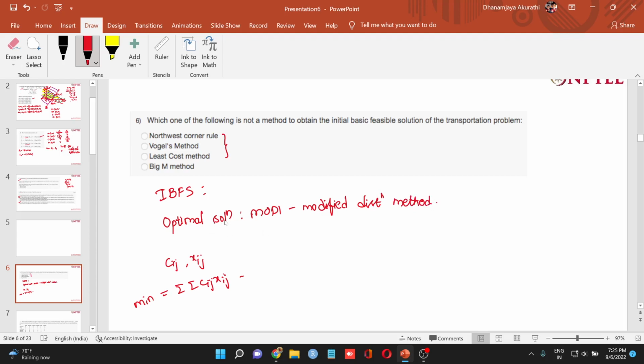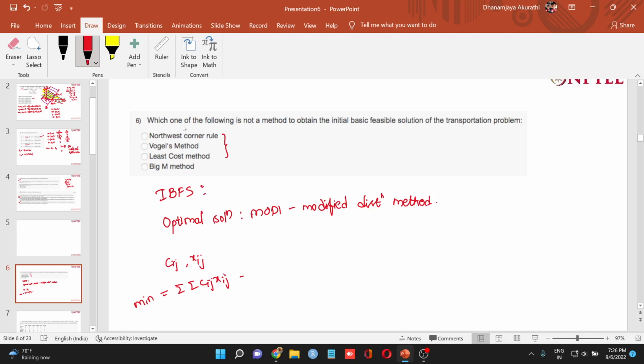It is to find out the optimal solution. Before finding the optimal solution, first we need to find the initial basic feasible solution. Then only can you find out the optimal solution. So for finding that, there are the northwest corner rule, Vogel's approximation method, and least cost entry method.